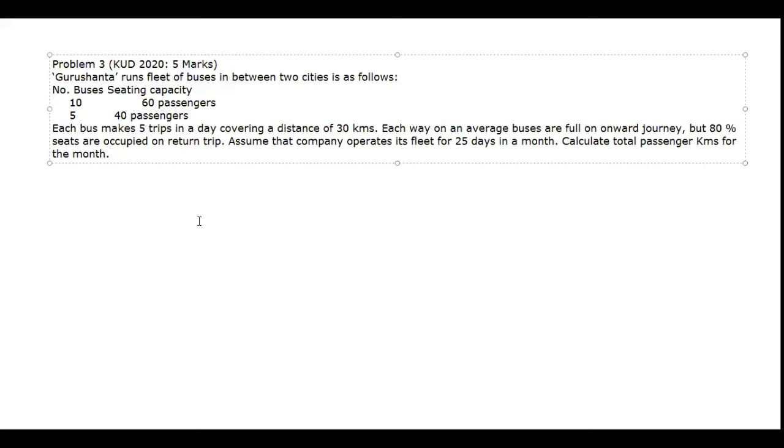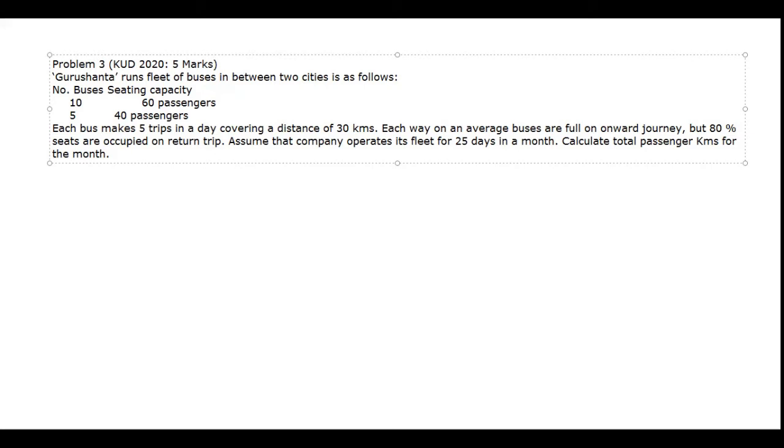On an average, buses are full on onward journey, but 80% seats are occupied on return trip. Assume that the company operates its fleet for 25 days in a month. Calculate total passenger kilometer. So the same type of problem which I have solved now.